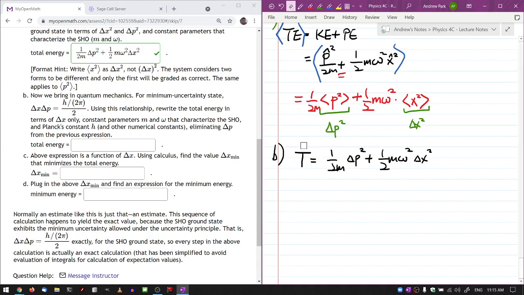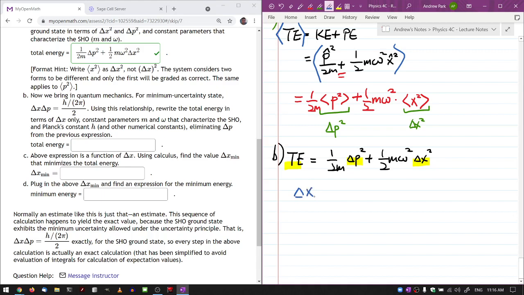So we are trying to figure out the total energy. Oh wait, let me not use T because that actually has different meaning in different contexts. Total energy. It has two unknowns: delta p, the momentum uncertainty, and the position uncertainty. And technically, the energy is also an unknown. So too many unknowns. We are trying to reduce the number of unknowns, and one way to do that is to introduce additional relationships, which is this minimum uncertainty relationship.